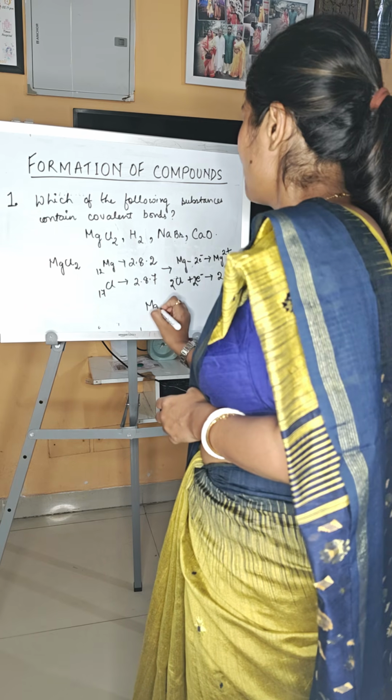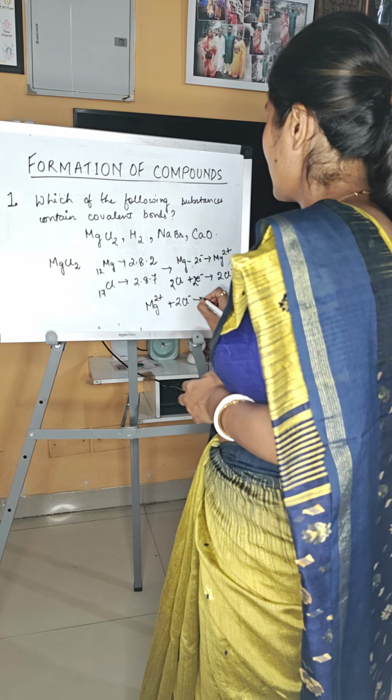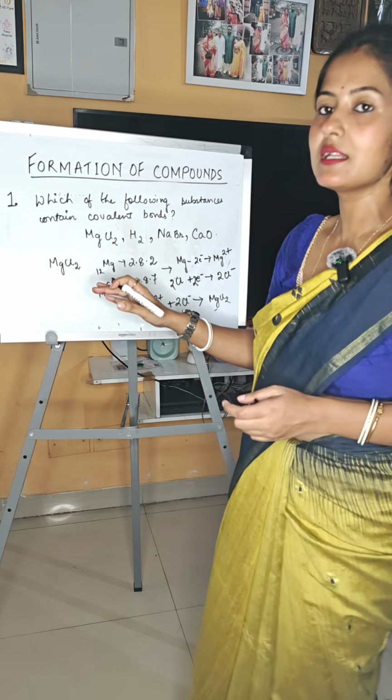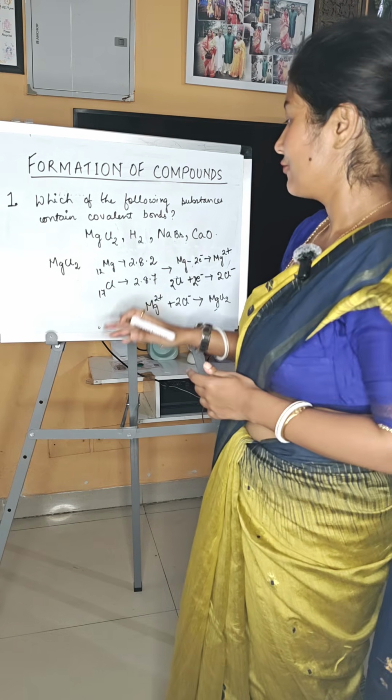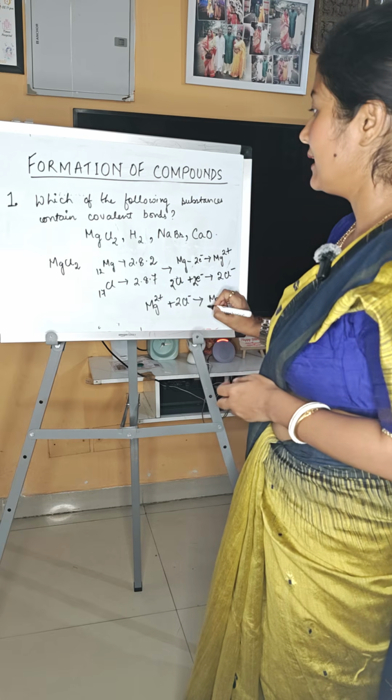Now these 2 oppositely charged species will combine through ionic bond and form the compound MgCl2. So here we can see that electrons are being transferred from magnesium to chlorine. So the bond is ionic bond here.